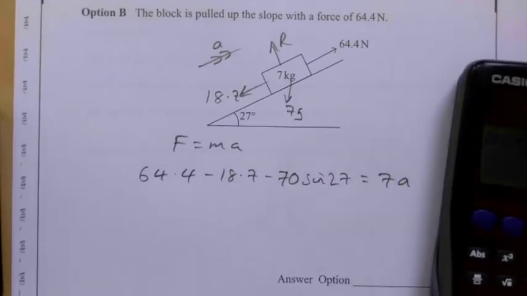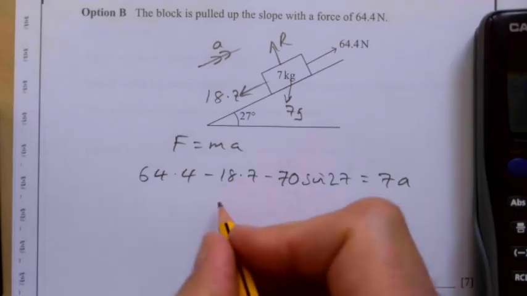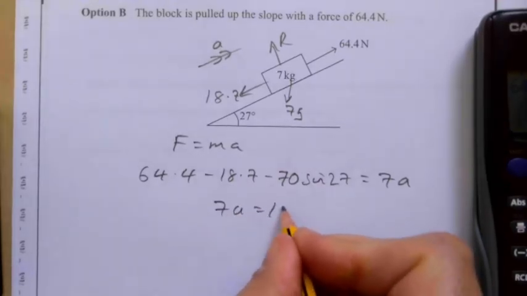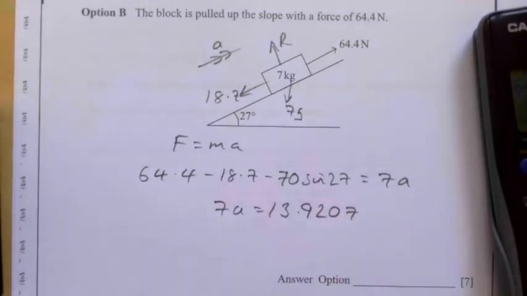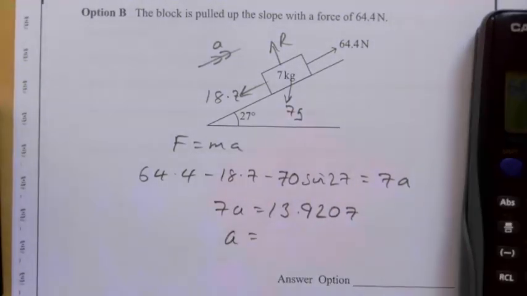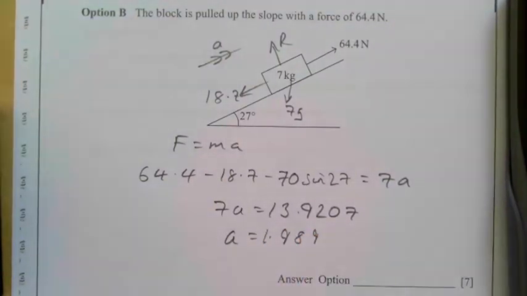So let's put that in our calculator and see what we have. 64.4, take away 18.7, take away 70 sine 27, equals 7a, which is 13.9207, and a, if I divide by 7, is 1.989.